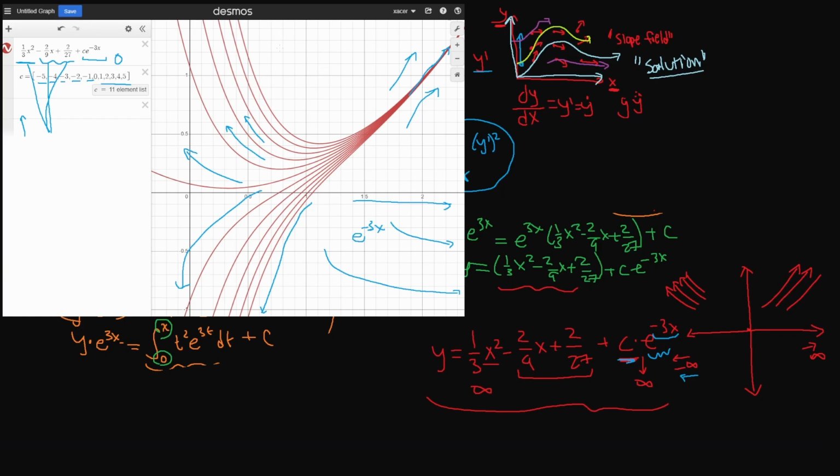We took a differential equation, which was y prime plus 3y equals t squared, and we figured out this is a graph of some of these solutions. We figured out a general form of the solution, which was some terms that correspond to x, and then plus this c e to the negative 3x term, and that is for different starting locations.